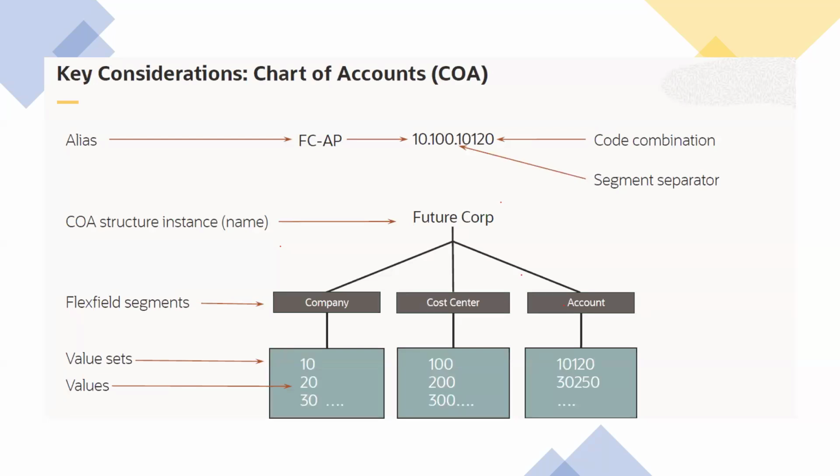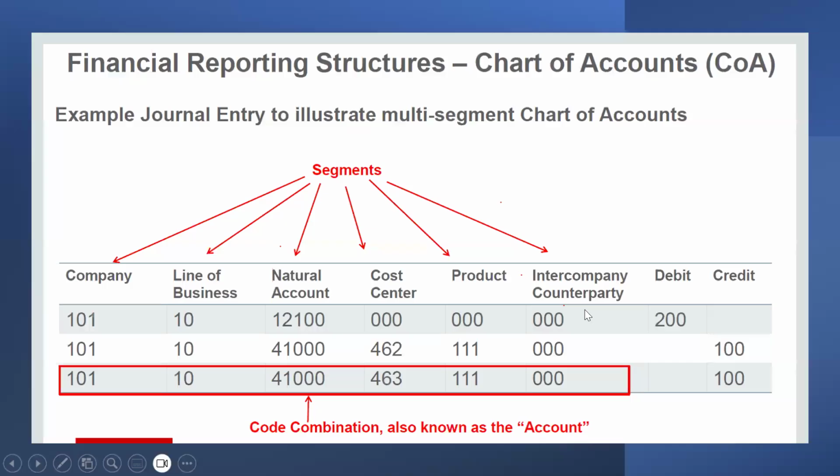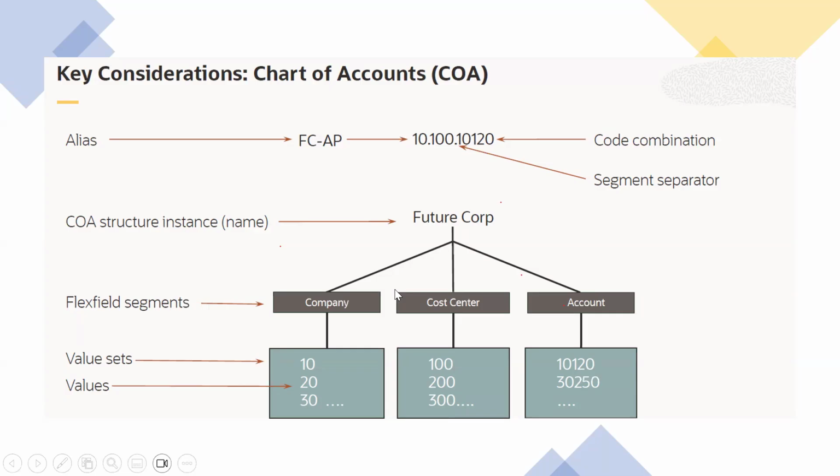We have a set of structure instances, so within one structure you can create multiple instances. You can see company, cost center, and account. These are flex fields. Company, cost center, whatever account segments we create at the chart of accounts level, are called flex field segments.